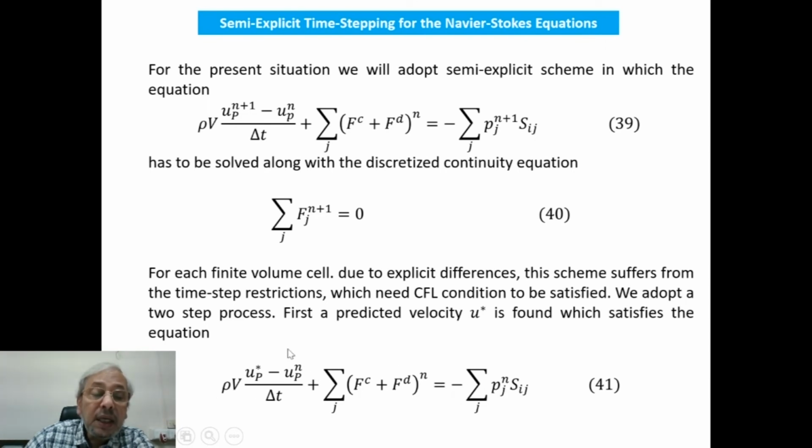But we cannot write n plus 1 here because we are only advancing through a time step delta t, and this velocity, whether it is u velocity, v velocity or w velocity, has not yet satisfied the continuity equation.